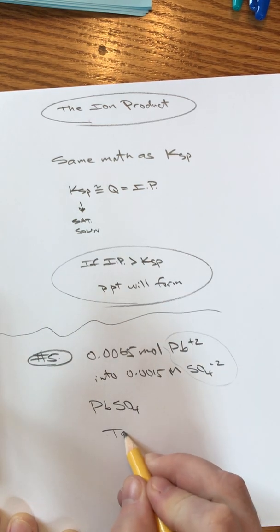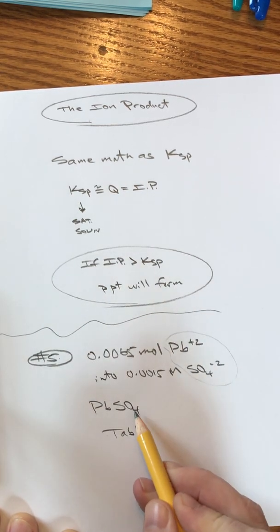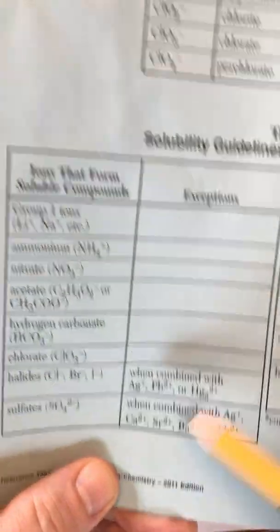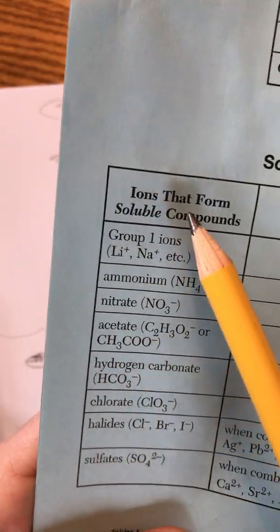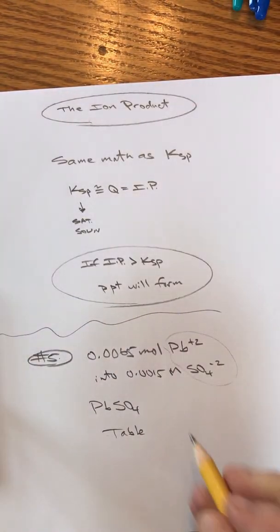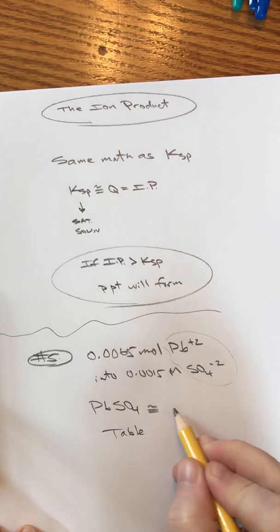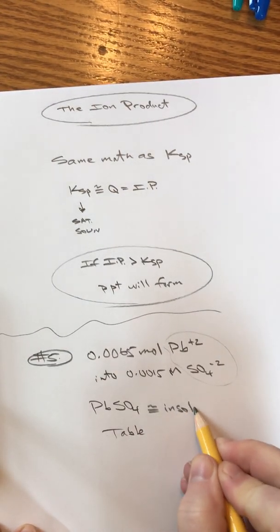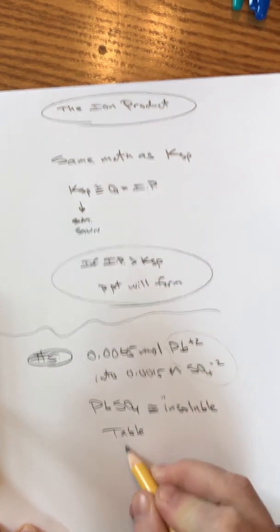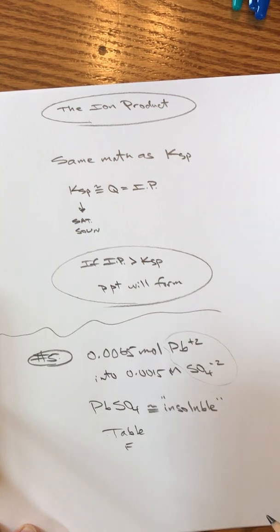Now table F would say, well, sulfates are generally soluble, but there are a number of exceptions, and lead is one of them. So here are sulfates, and they are soluble, but not with lead 2. So this is not a very soluble compound. Table F would call it insoluble, but we know that everything dissolves a little bit.